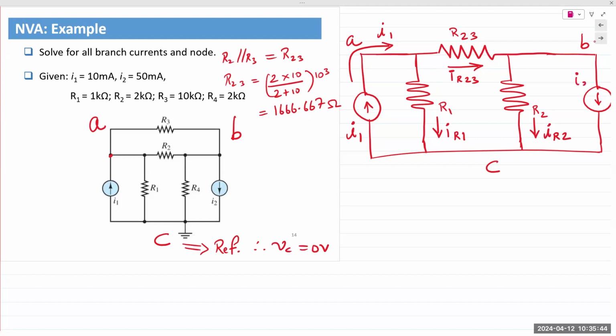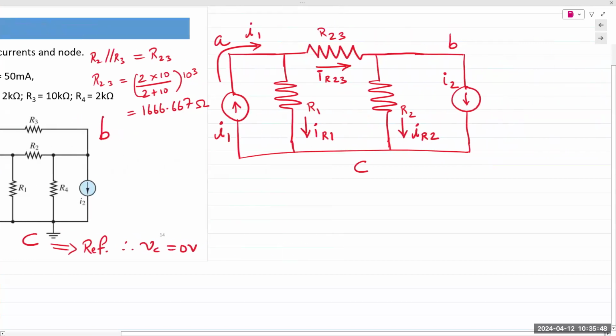And I have I2 coming down. I2 has a value of 50 milliamps. This is 10 milliamps. Oh, yes. Sorry. R4. Thank you. R4, IR4.